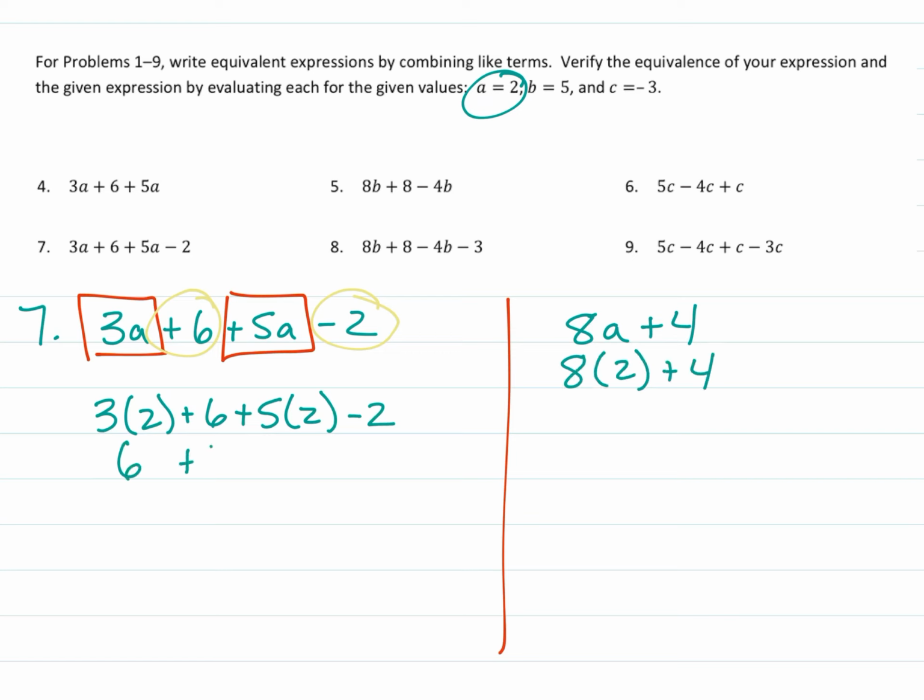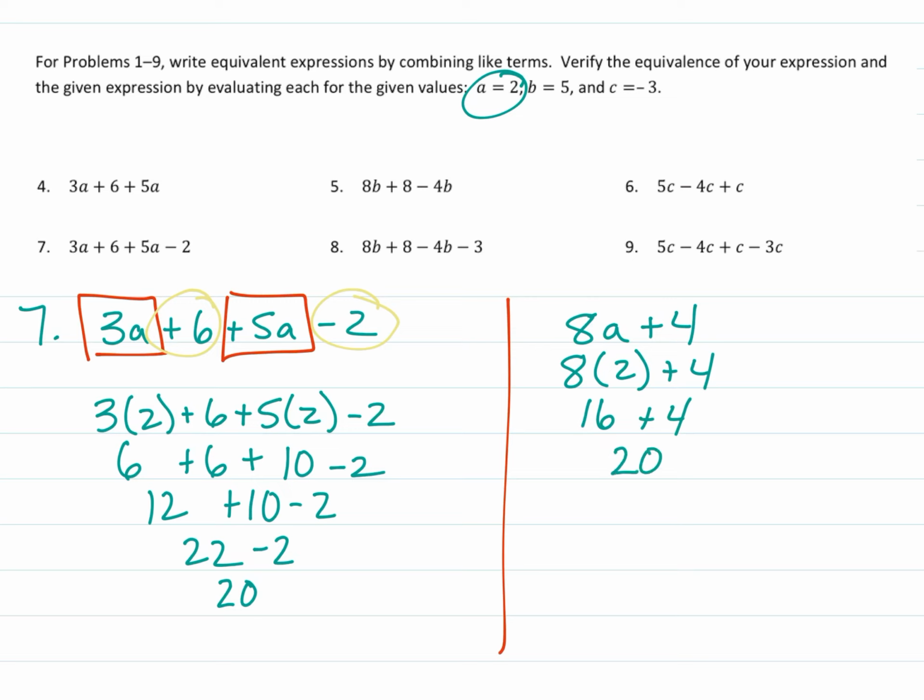Three times 2 is 6. Copy down the 6. 5 times 2 is 10. Copy down that negative 2. 6 plus 6 is 12. 12 plus 10 is 22. 22 minus 2 is 20. The simplified equation, 8 times 2 is 16. 16 plus 4 is 20.